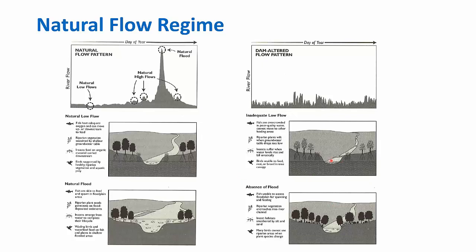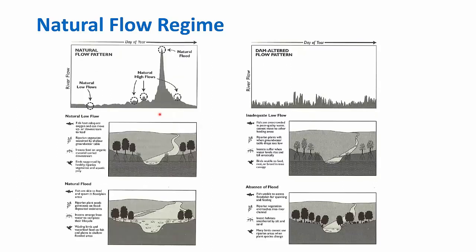It provides very little habitat for sustaining species during dry periods, but also does not provide enough large floods so you can keep vegetation on the sides. It has definitely altered and affected again these riparian and freshwater ecosystems.